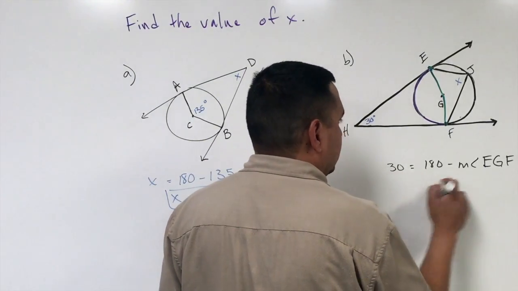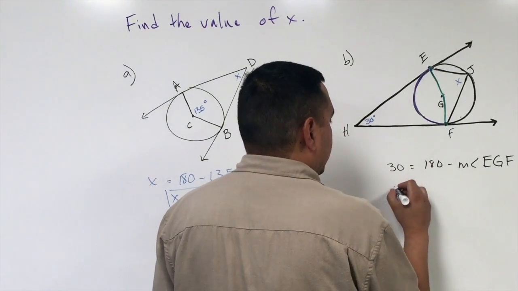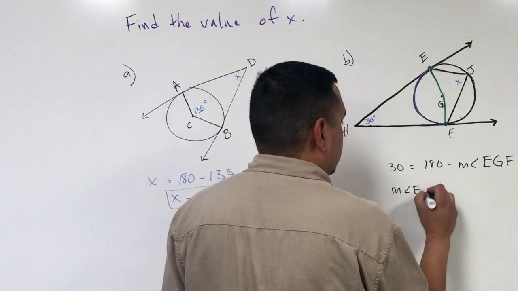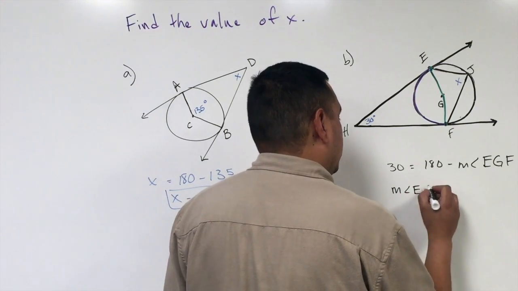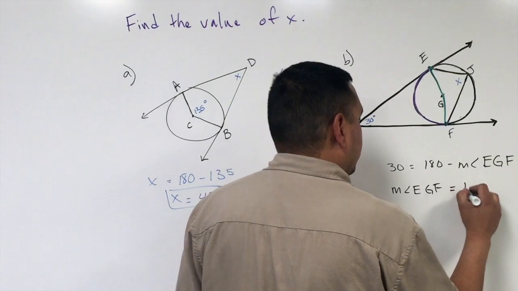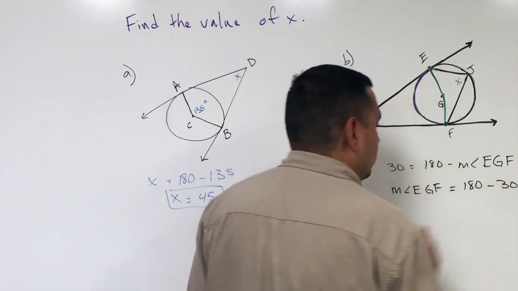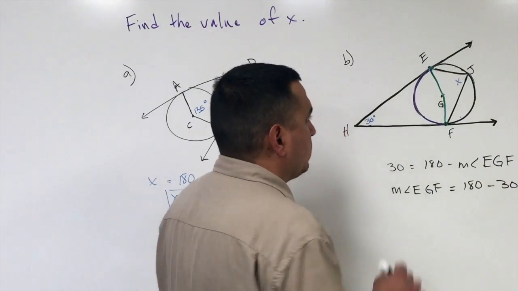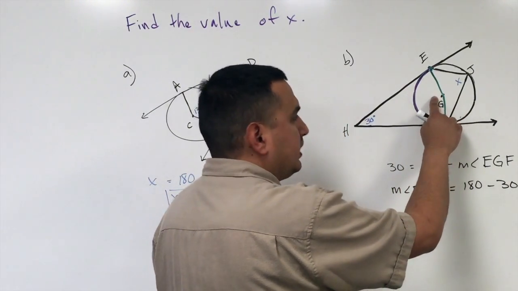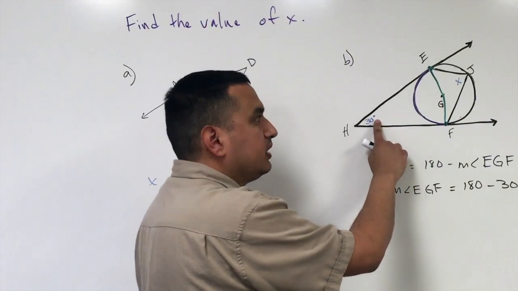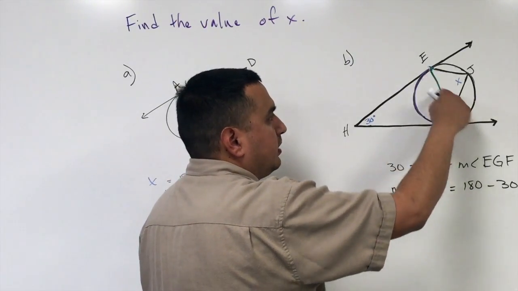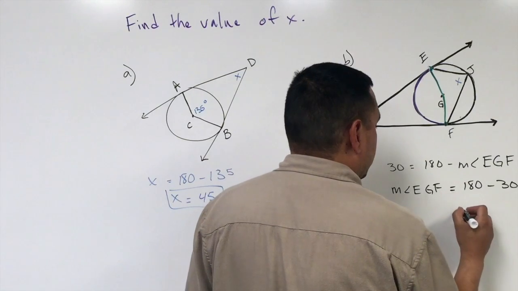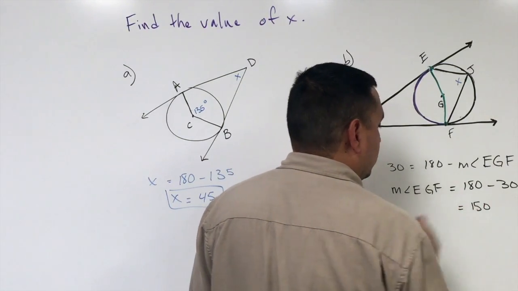So the measure of angle EGF is going to be 180 minus 30. And we're going backwards, so instead of subtracting this angle from 180, I'm going to subtract this angle from 180 to get this angle here. So the measure of angle EGF is 150.